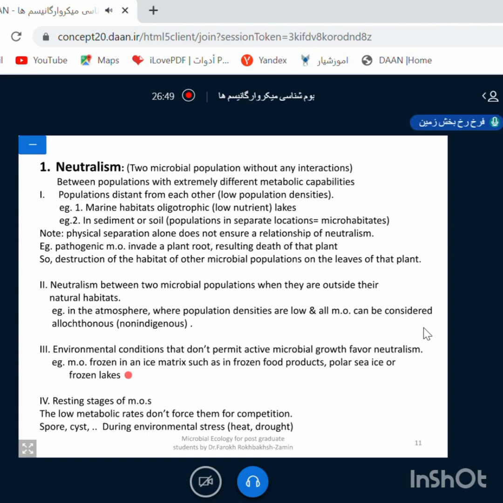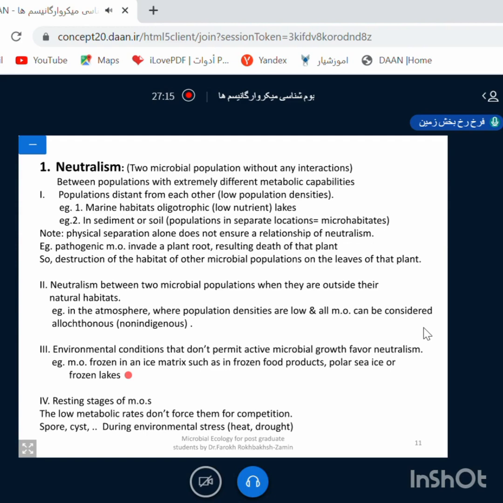Why do you use a refrigerator at home? You put milk in the refrigerator. Why? Because when the temperature comes down close to 0, 1, 2, 3 degrees centigrade, the metabolism of bacteria in the milk comes down.